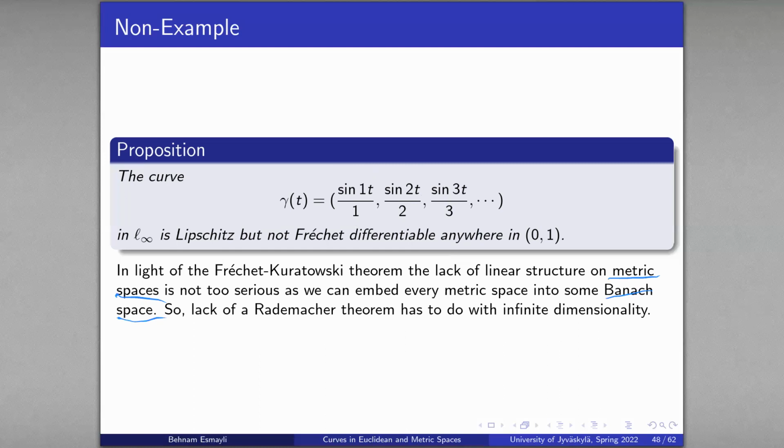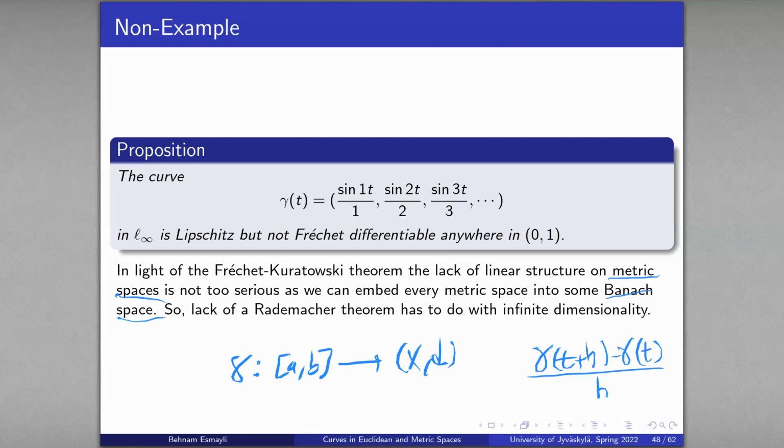But anyway, this shows that Lipschitz curves from [a,b] into arbitrary metric spaces fail this strong differentiability, not because there is no way to define a linear structure on an arbitrary metric space, but because in fact metric spaces are infinite dimensional.